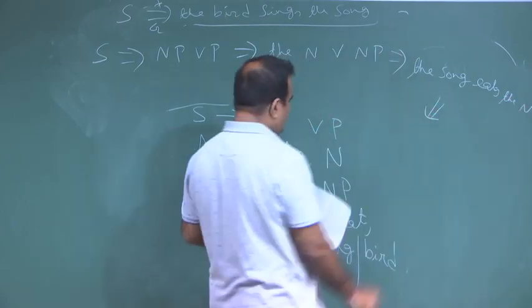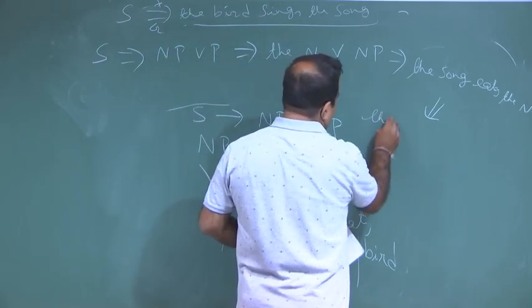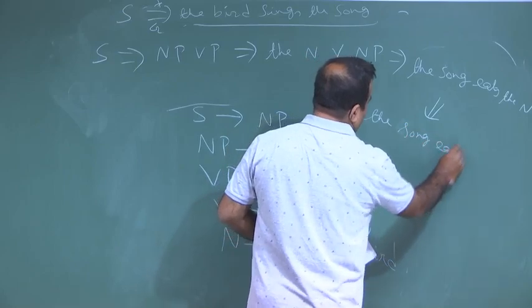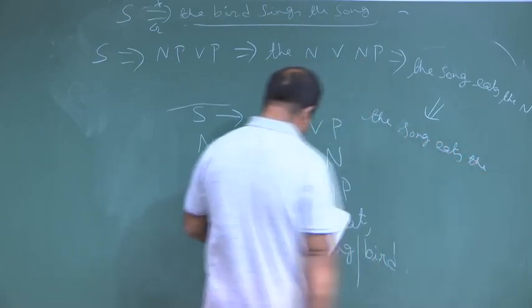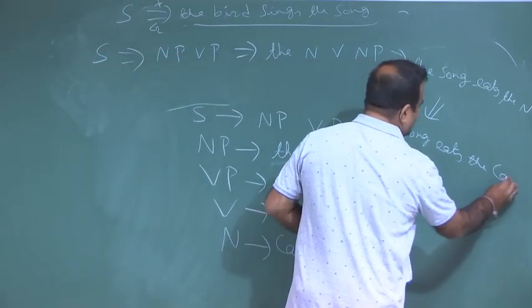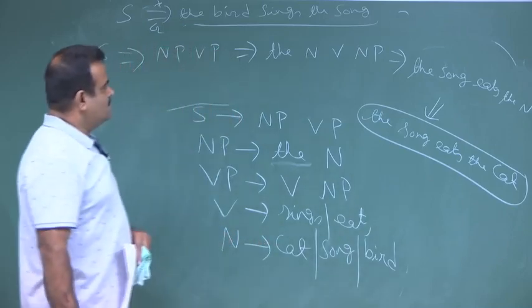So, now this N again goes to any one of these. So, the song, its, the N can go to cat. So, these are the terminals, there are no variables there.